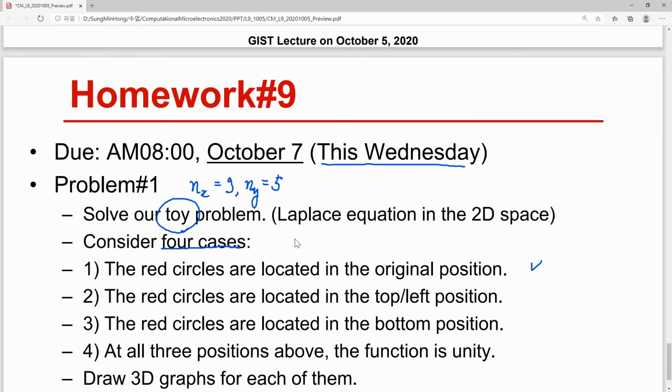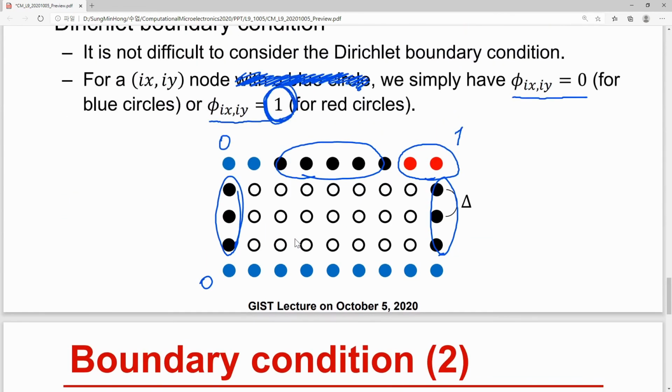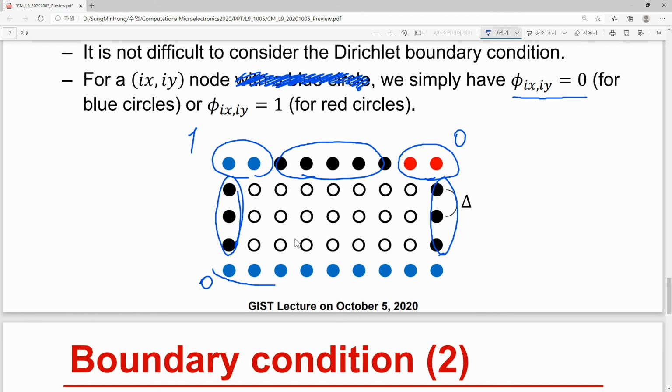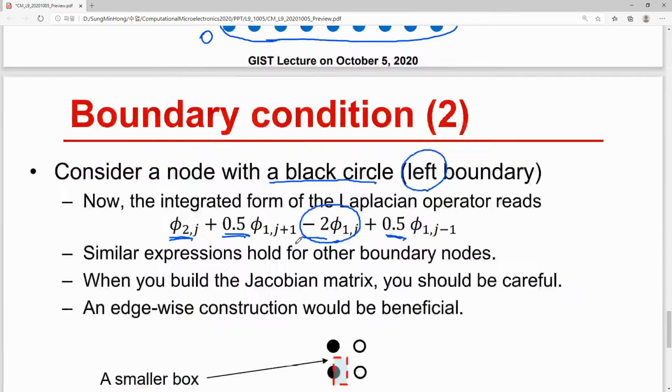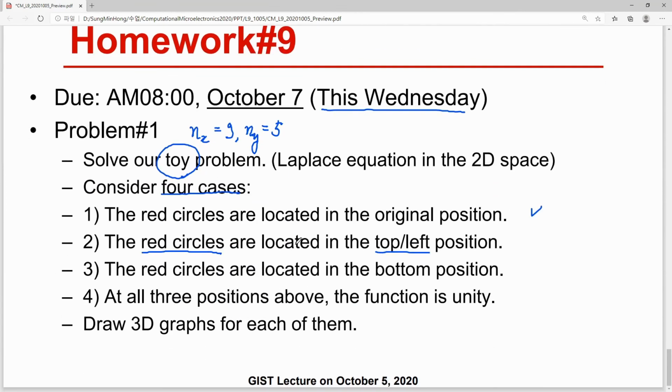And second one is red circles are located in the top left position instead of our original problem. Now we wanted to solve just swapped one, like we have 1 and 0, and still our bottom contact is set to be 0. And third one is the red circle are located in the bottom position.